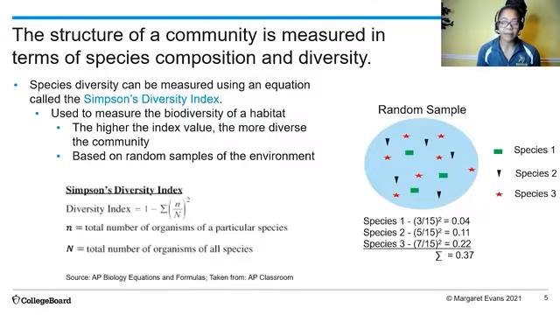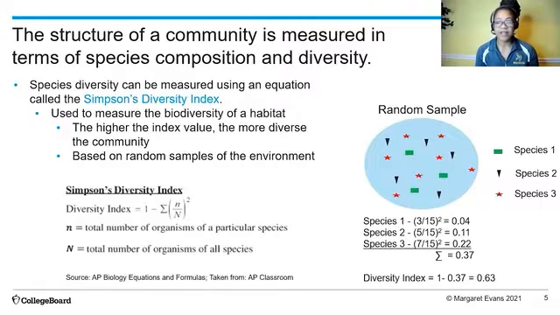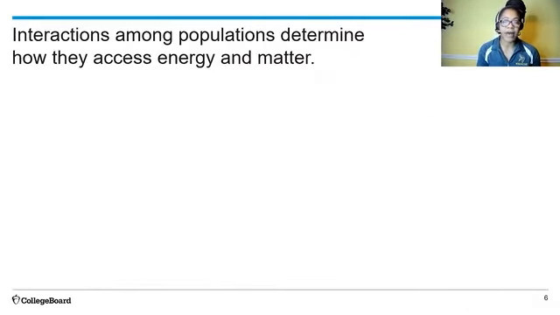Once you get the sum, you would subtract that value from 1, and that would give us a diversity index value of 0.63 for this particular example. And again, the higher the value, meaning the closer that value is to 1, the more diverse that community is.